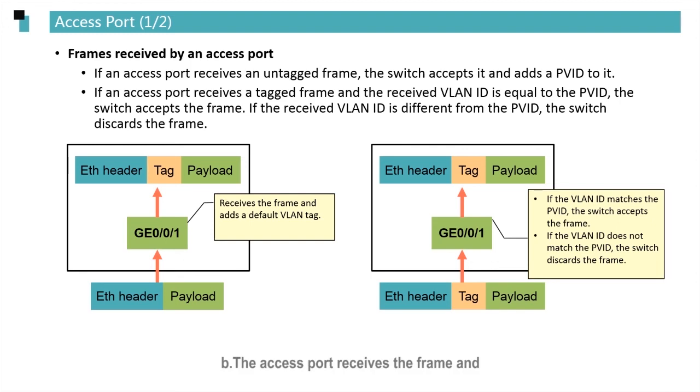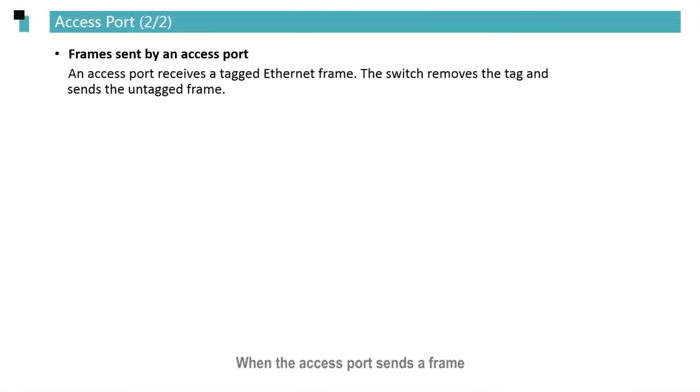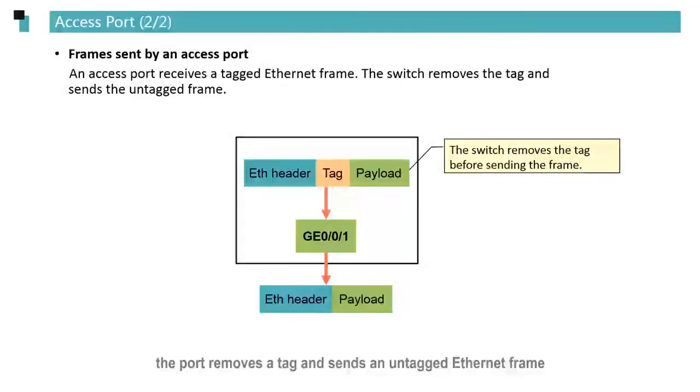The access port receives the frame and adds a default VLAN tag. If the VLAN ID matches the PVID, the switch accepts the frame. Otherwise, the switch discards the frame. When the access port sends a frame, the port removes the tag and sends an untagged Ethernet frame.